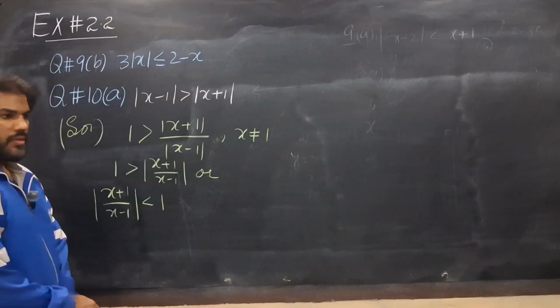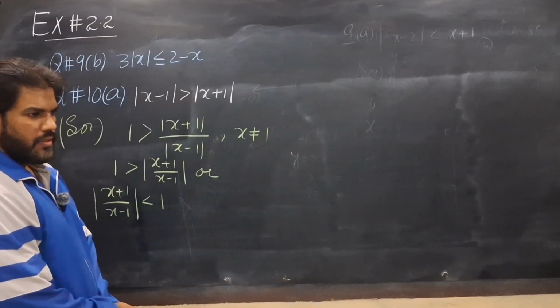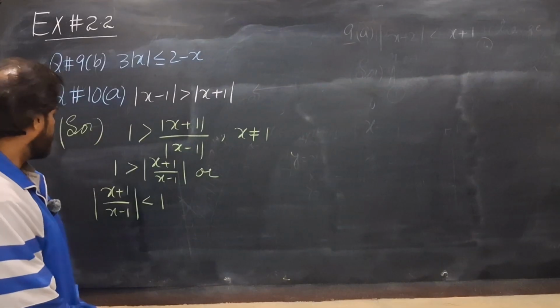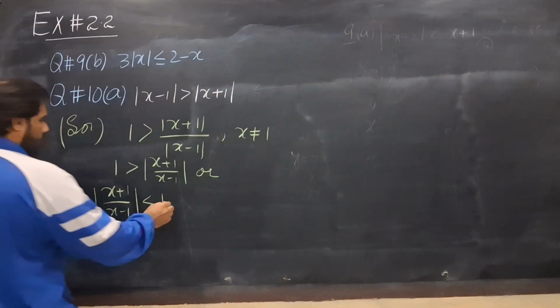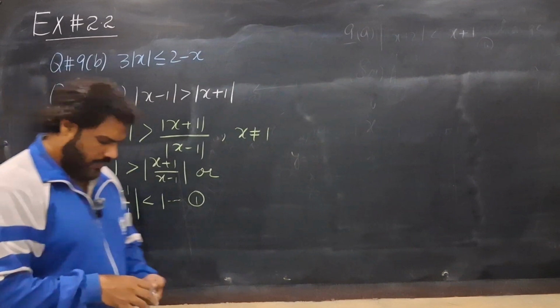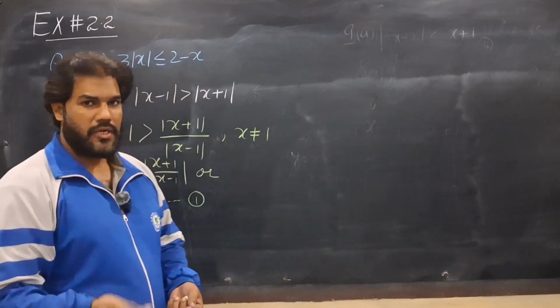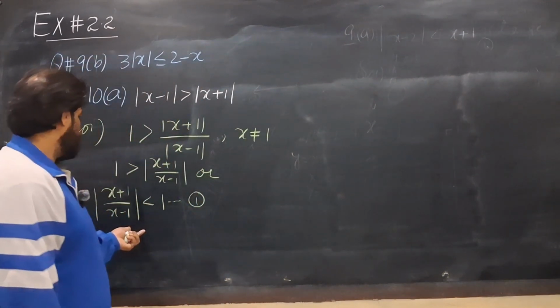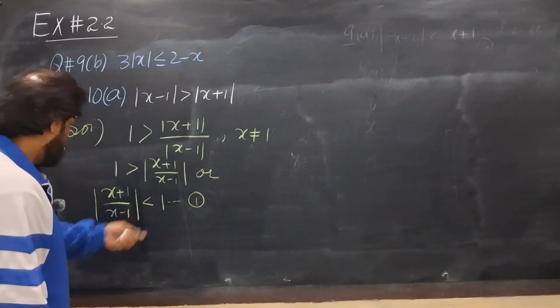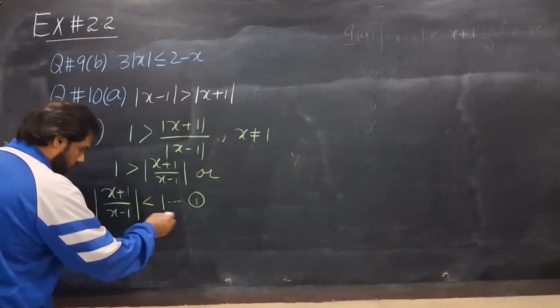Say this is my inequality number 1. Again, there are several methods to solve this inequality. I will use the real line test. I will make its associated equation.